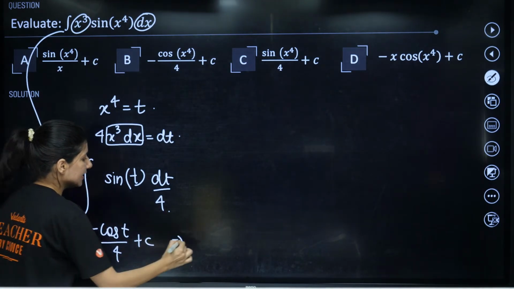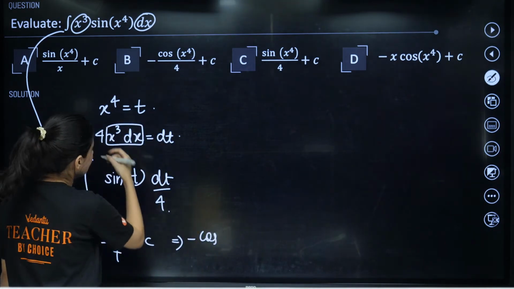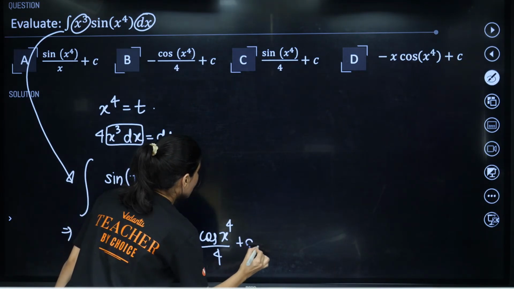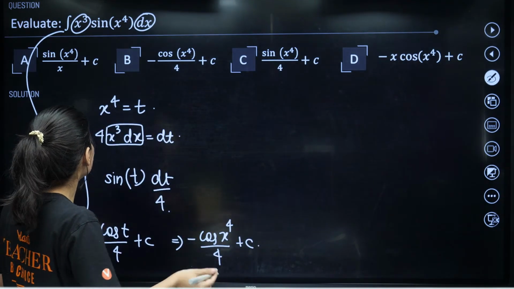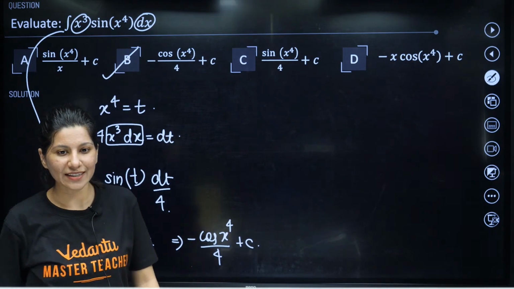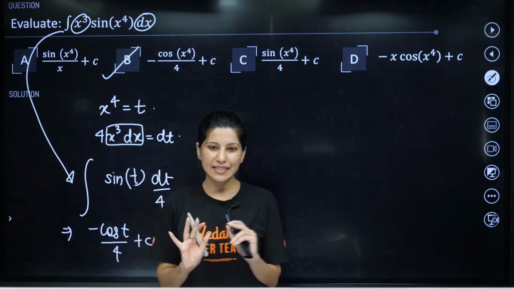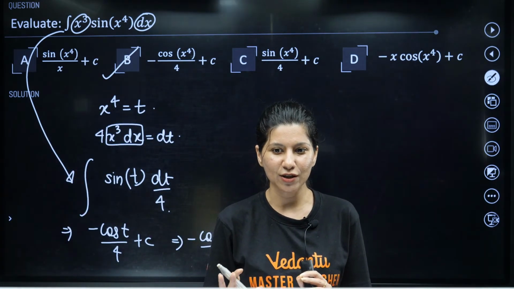Replacing t, it is minus cos of x raised to power 4 by 4 plus constant, which matches option B again. Perfect. So the basic problems on substitution you have understood, right?